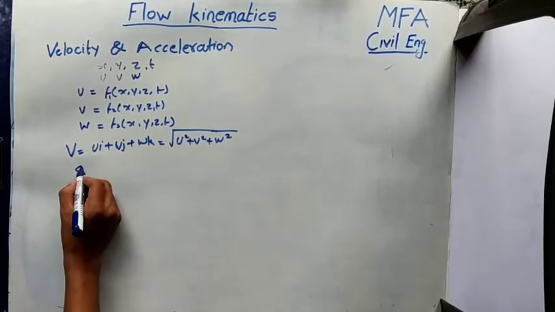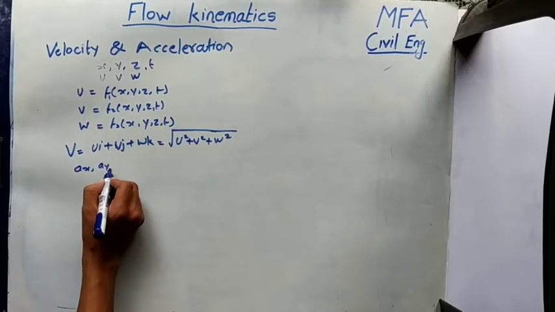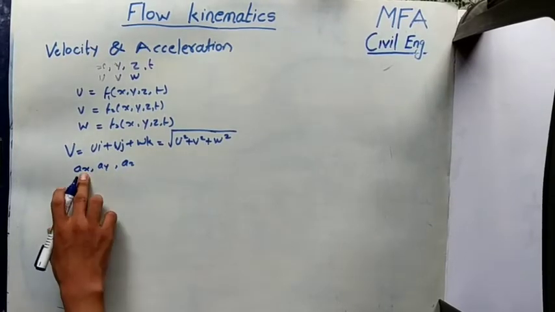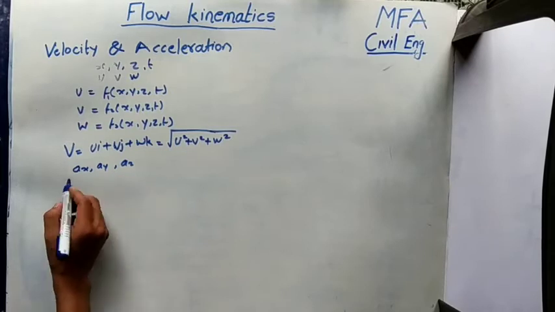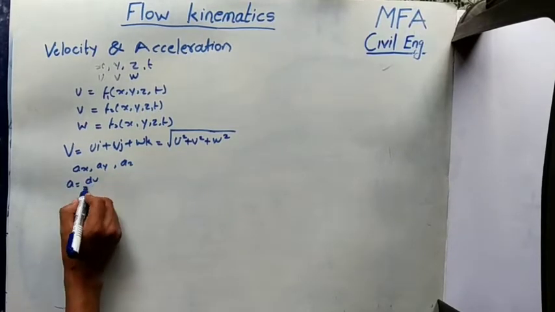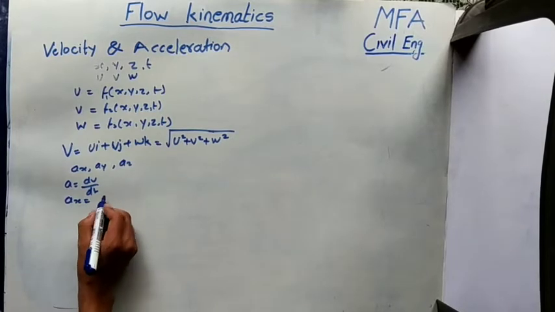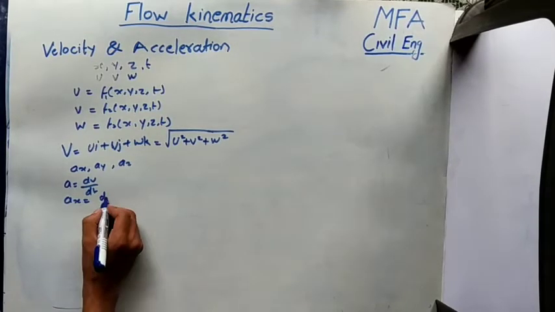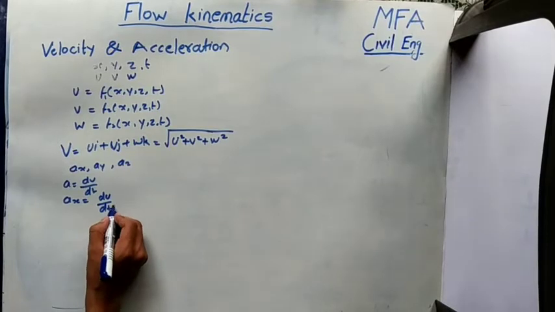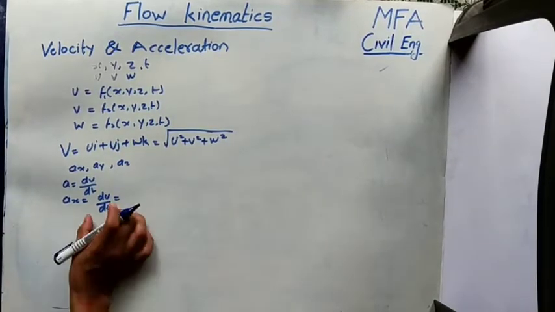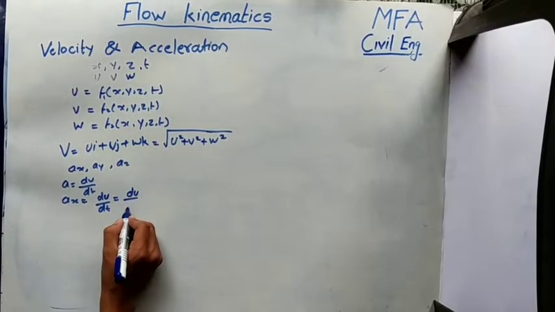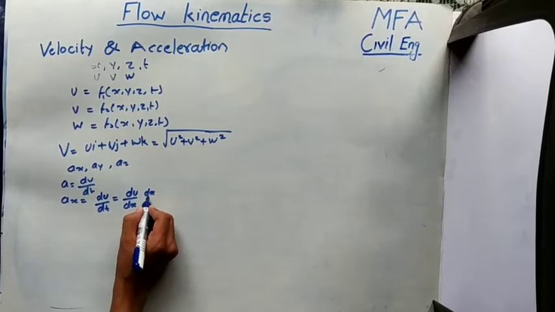Now consider the acceleration components ax, ay, and az in the x direction, y direction, and z direction. We know that acceleration is the rate of change of velocity with respect to time. Now the acceleration in the x direction can be written as du by dt, the rate of change of velocity in the x direction with respect to time, which can be written as du by dx into dx by dt.